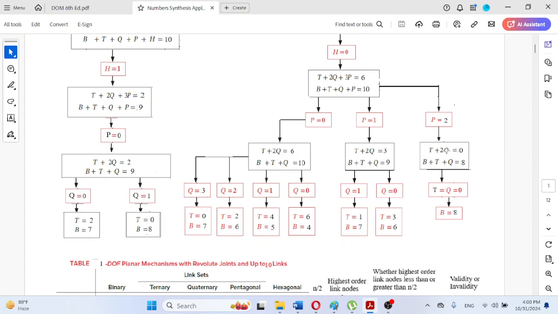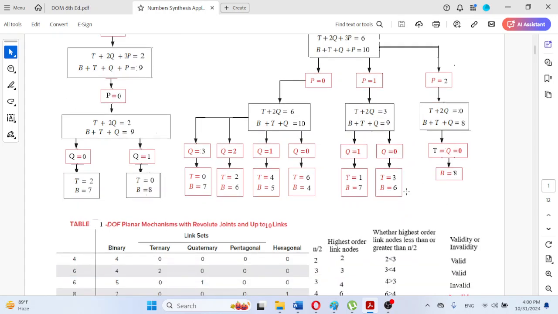Both t and q must be 0, because on the right hand side there is 0. So t is equal to q is equal to 0, and the lower equation will simply give b is equal to 8. So in this way binary links will be 8 and pentagonal links will be 2. So 8 plus 2 is equal to 10, and in this way the ninth and the last set has been obtained and satisfied.